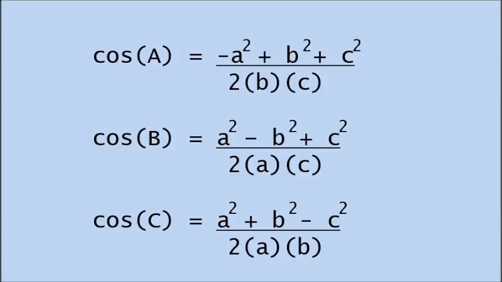Cosine of capital B equals a squared minus b squared plus c squared all over 2ac. And finally, cosine of capital C equals a squared plus b squared minus c squared all over 2ab. Take note again of how the equation changes when the angle you are trying to find changes.